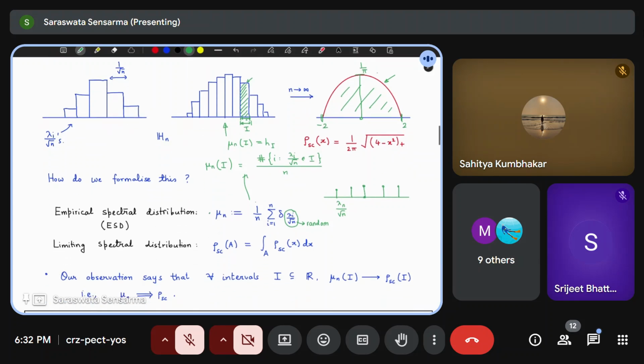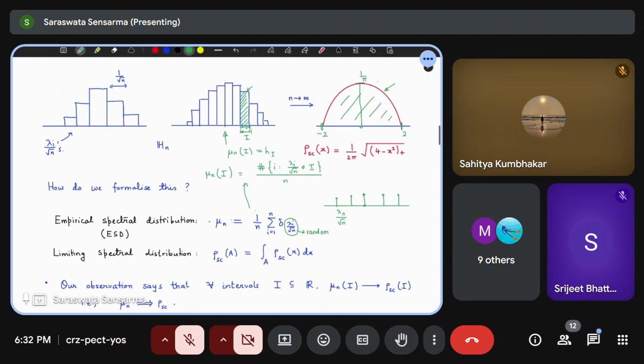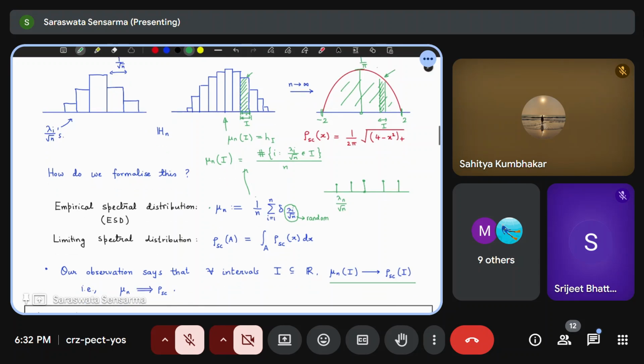What this convergence of histograms really expresses is that mu n of I is converging to the semicircle law of I. This is precisely the area under the graph of the semicircle law for this interval I. So this convergence of histograms effectively expresses this fact.